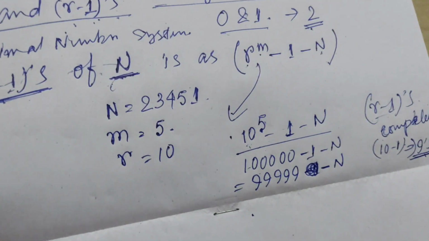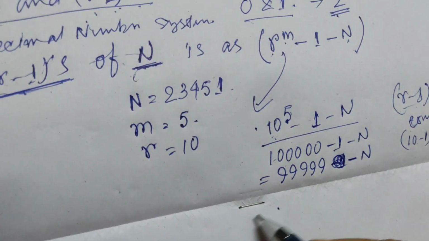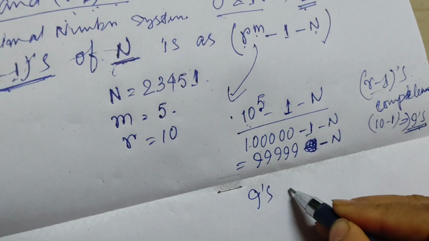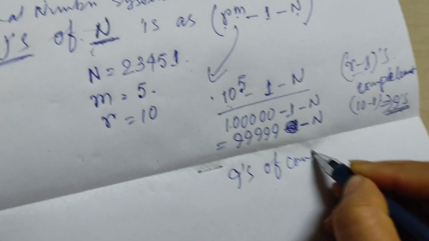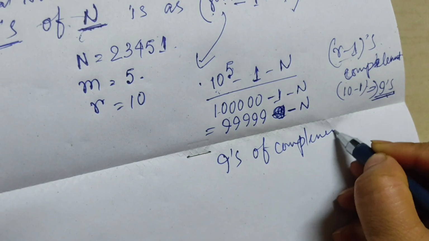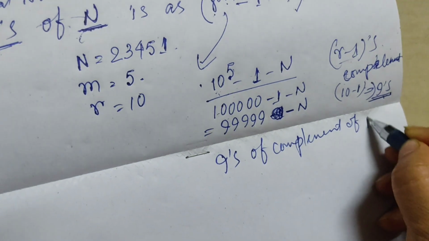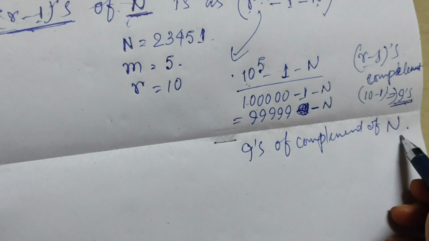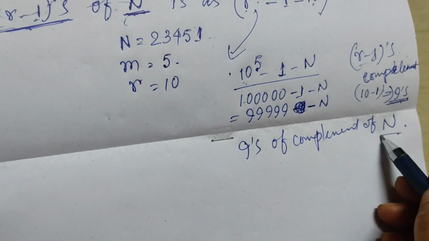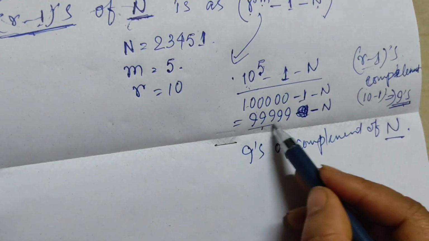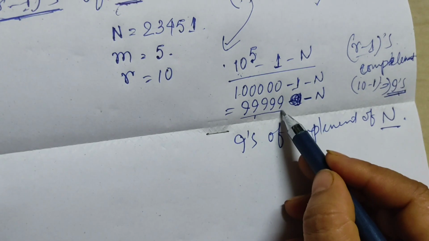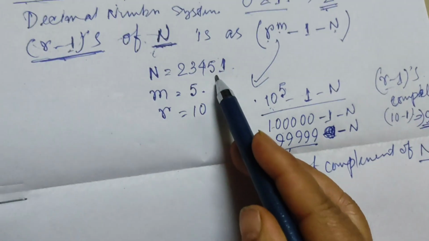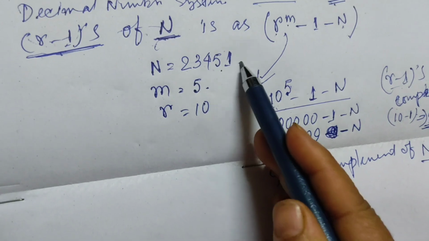So now we can simply say that if we want to perform the 9's complement of n, we can simply subtract the number from 9999, isn't it? As we have said, n is 23451.